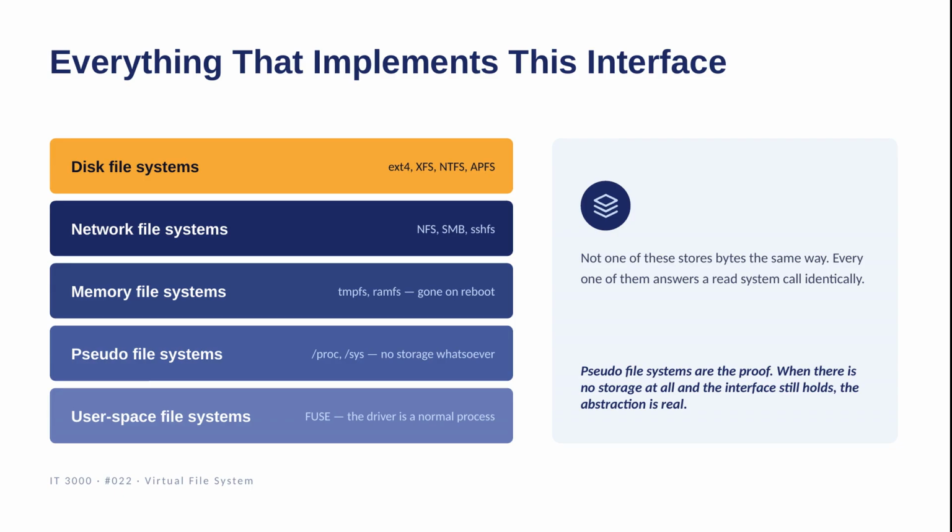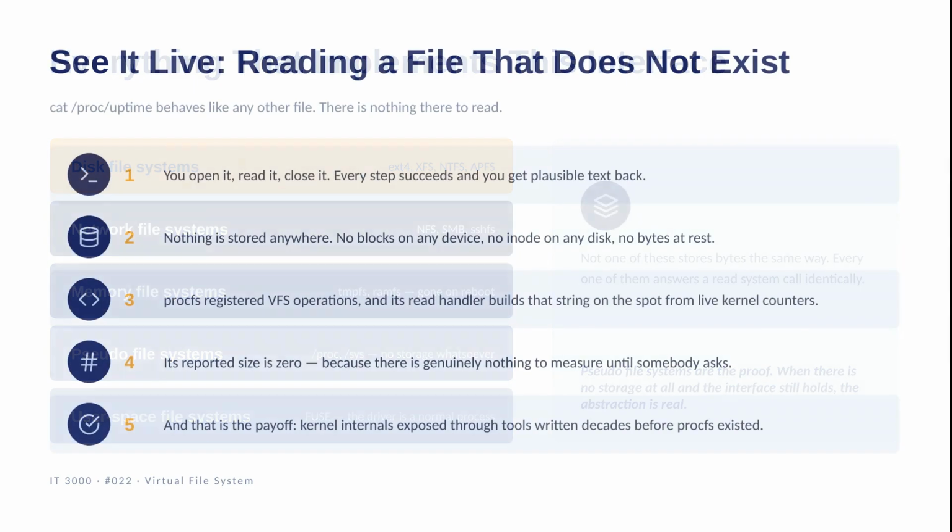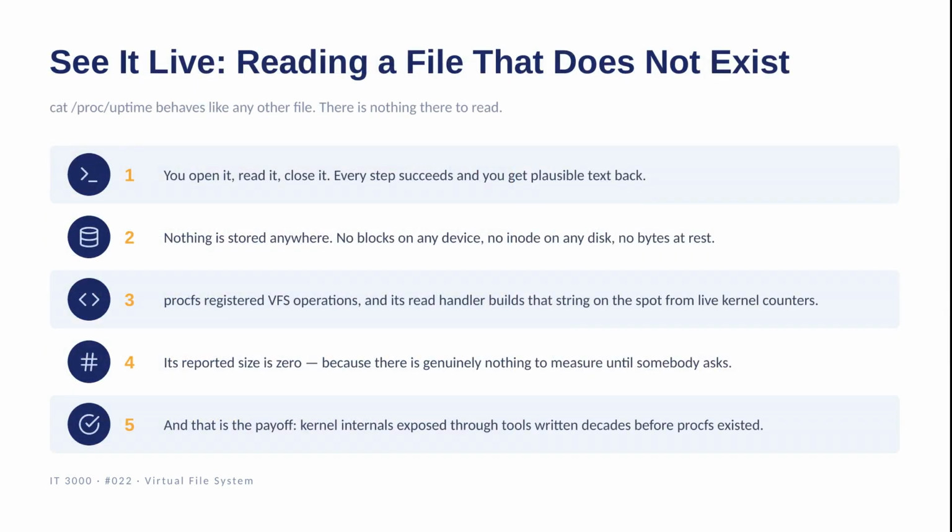The pseudo file systems are the giveaway. When there's no storage whatsoever and the interface still holds, the abstraction is doing real work. Let's make that concrete. Run cat /proc/uptime, and it behaves exactly like reading any normal file. Open succeeds, read returns a plausible-looking string, close succeeds, but nothing is stored anywhere. No disk blocks, no on-disk inode, no bytes sitting at rest.